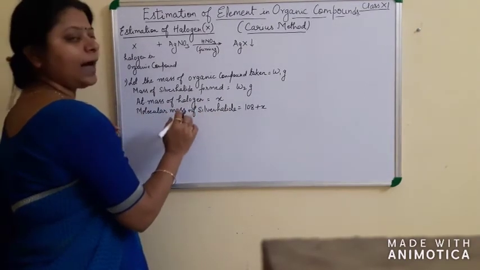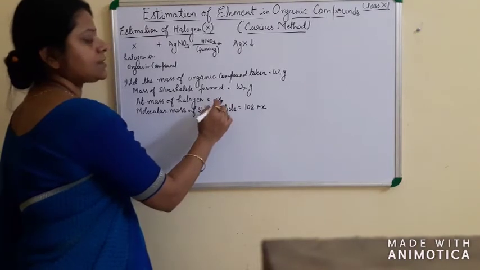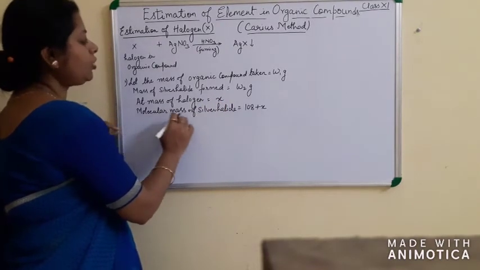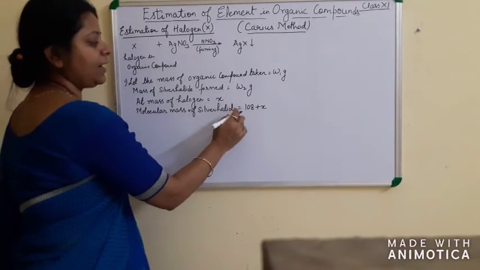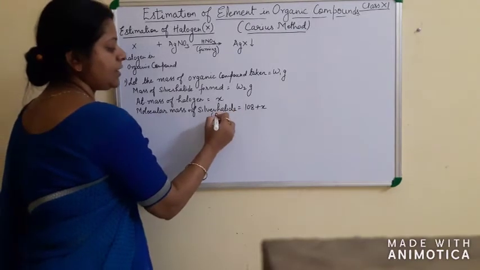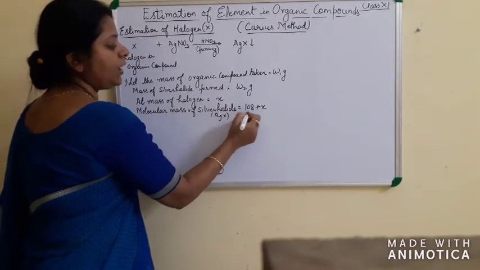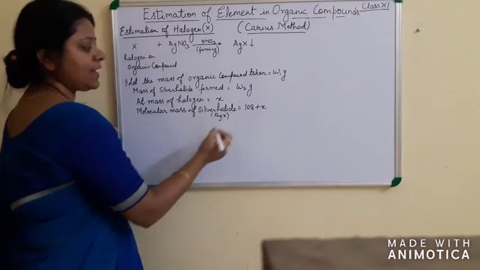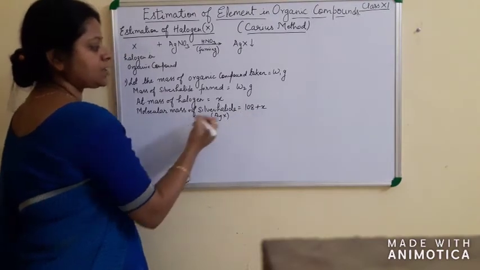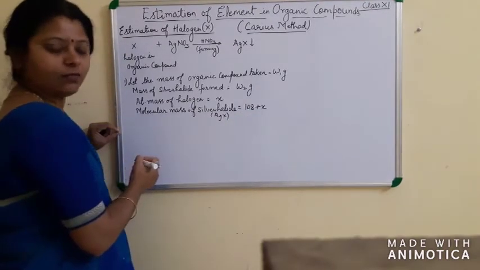The atomic mass of the halogen is X and the molecular mass of the silver halide AgX is 108 plus X, as 108 is the atomic mass of silver.